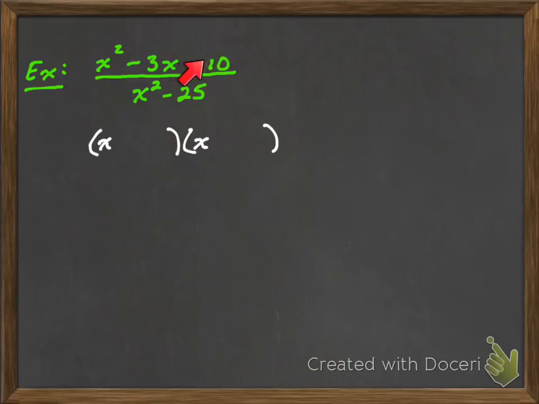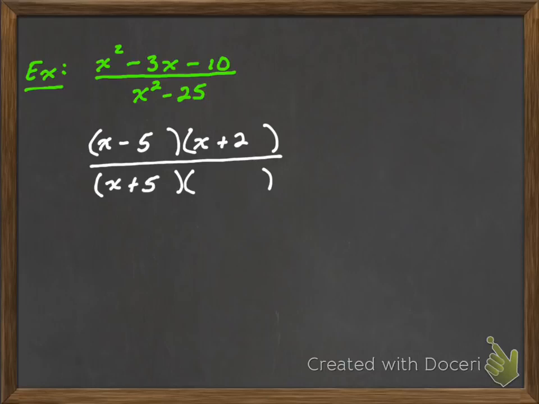We need two numbers that multiply together to give you negative 10 and add to give you negative 3. That would be a minus 5 and a plus 2. In your denominator, you have a difference of two squares, which will factor down to x plus 5 times x minus 5.